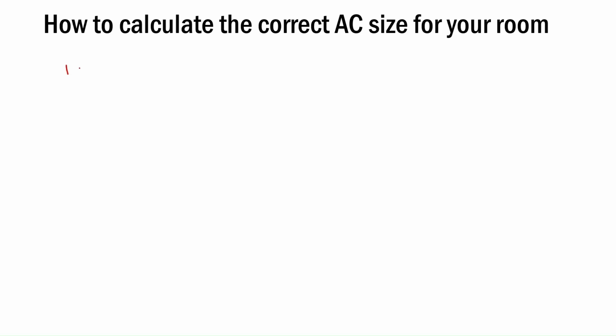1 ton of AC is equal to 12,000 BTU per hour.